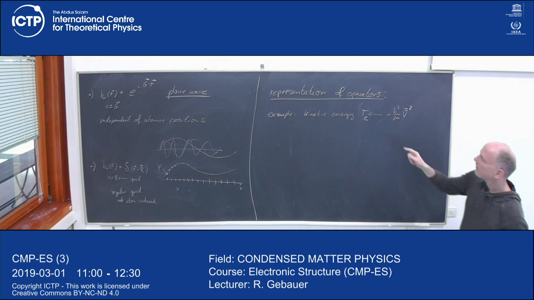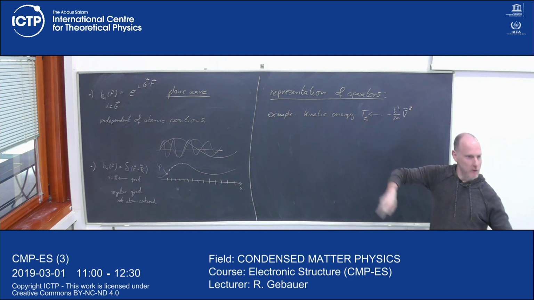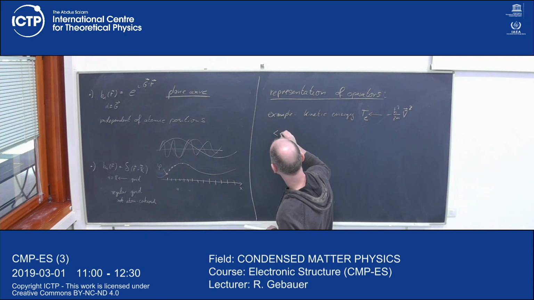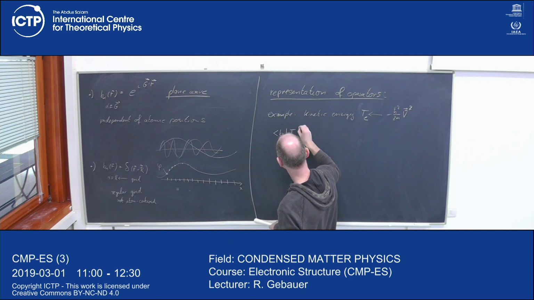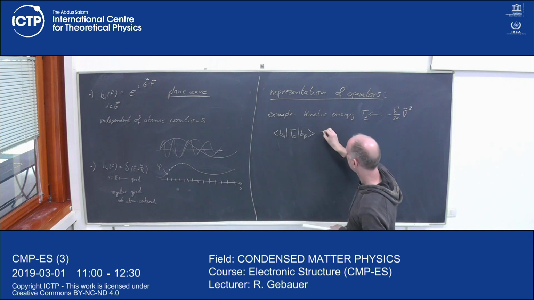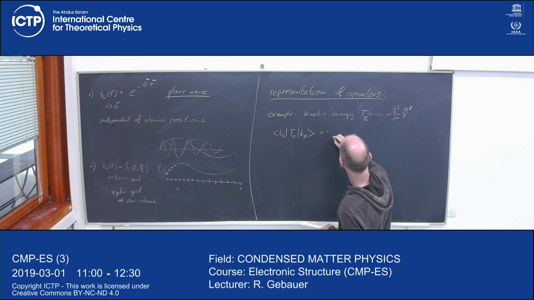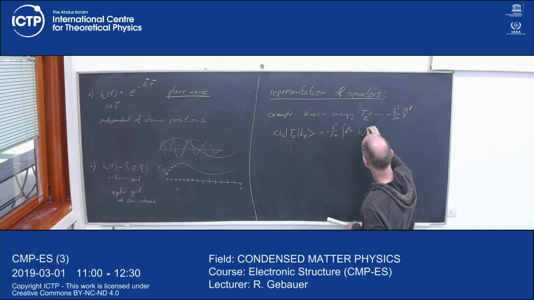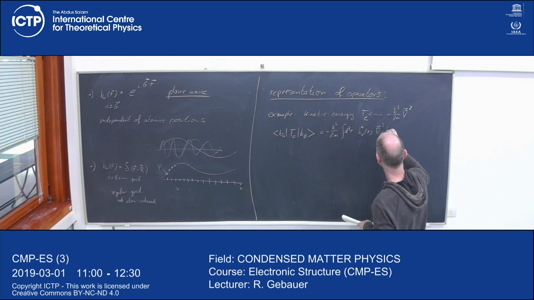So what one does now is one calculates that operator, but also the potential, all operators which appear. One calculates matrix elements between the basis functions which we have. So with a basis function, you calculate the operator and another basis function. Formally, this is defined as minus h bar squared divided by 2m, you integrate over all space the basis function alpha of r star, second derivative, the basis function.